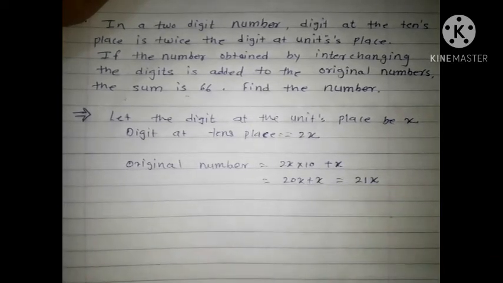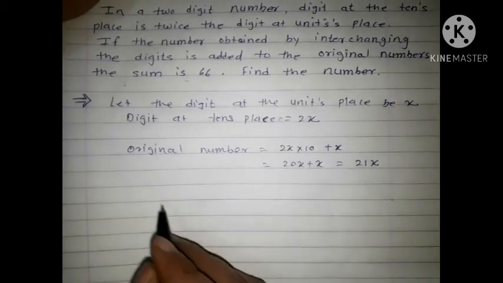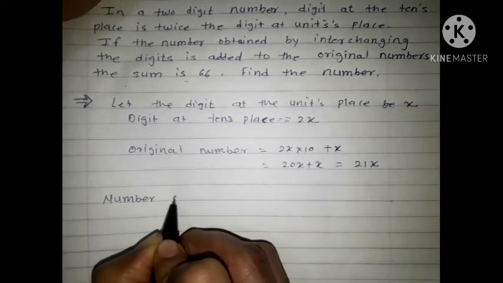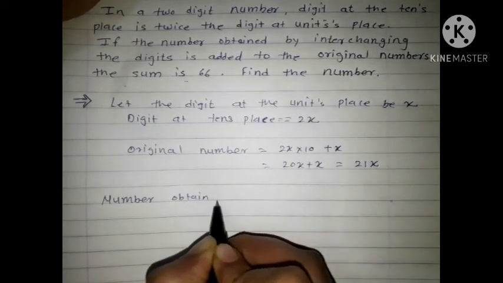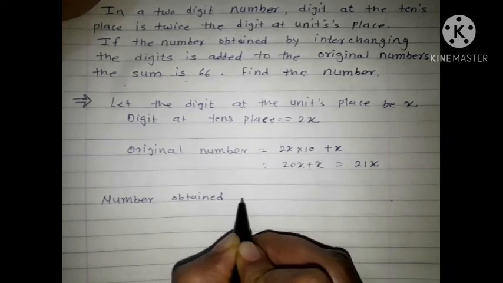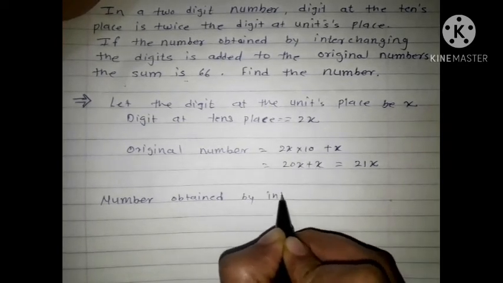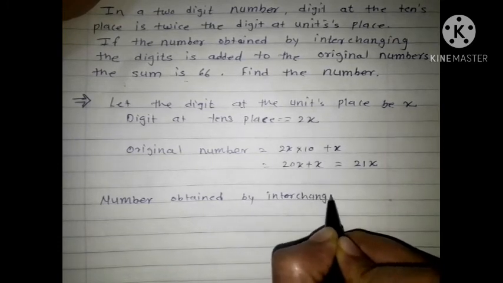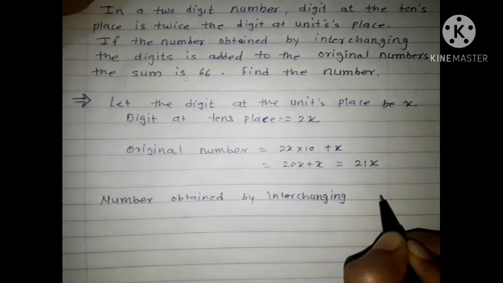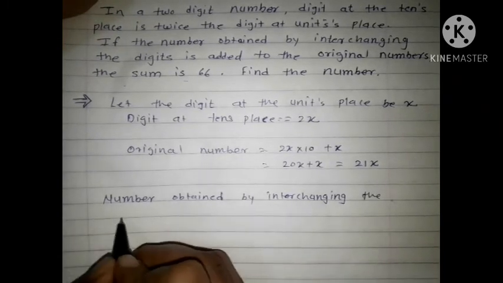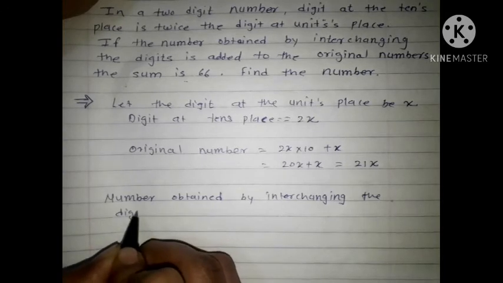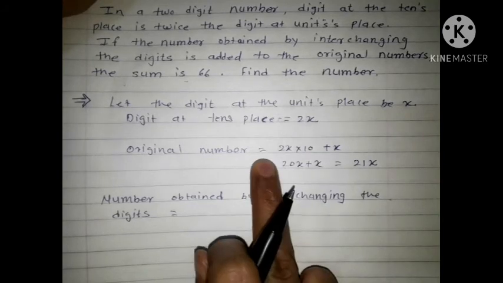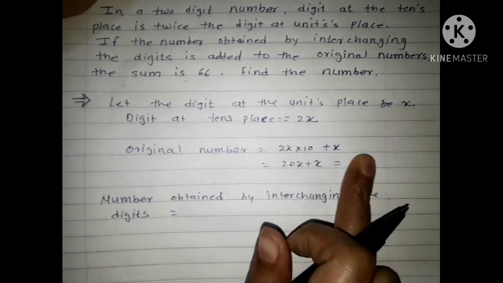Now according to the given condition, the number obtained by interchanging the digits means x at the tens place and 2x at the ones place.